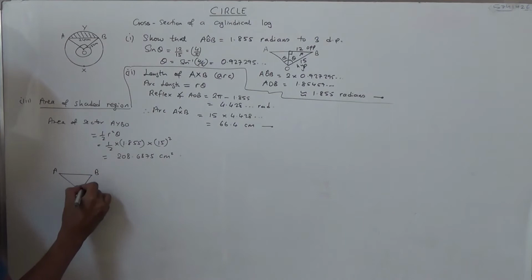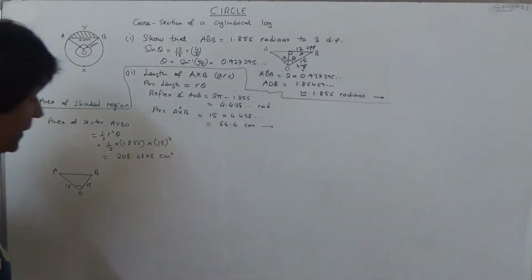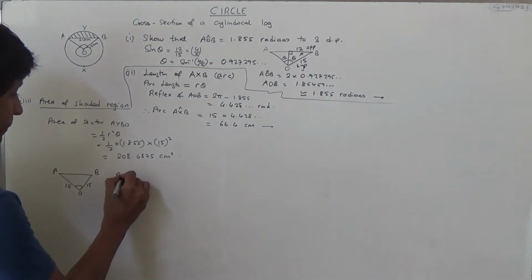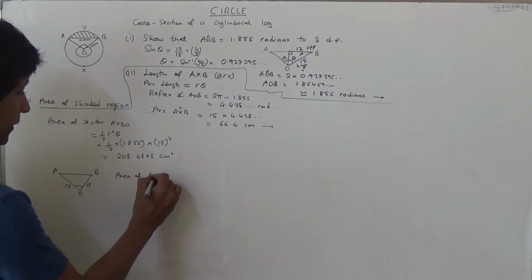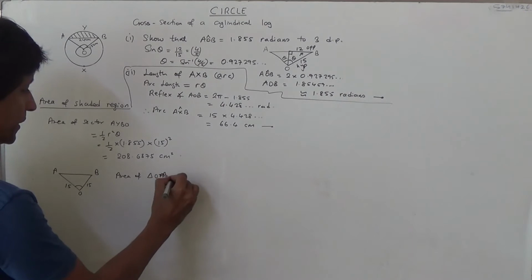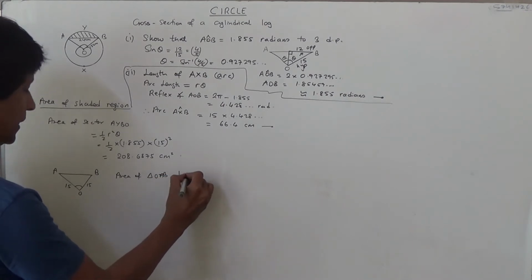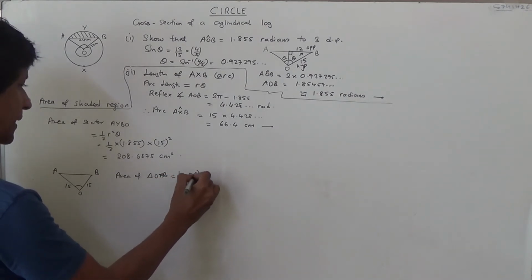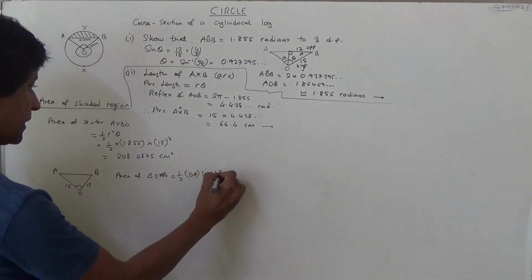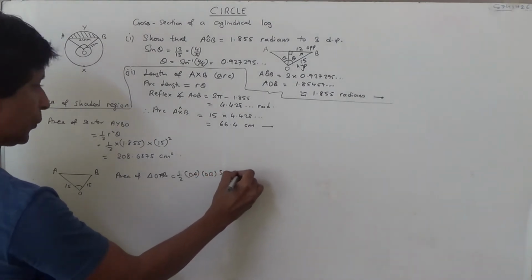Now the area of this triangle is very simple. You're going to use a little bit of trigonometry there. Okay, and so area of triangle OAB is equal to half ab sine C, which is here half OA times OB times the sine of angle AOB.